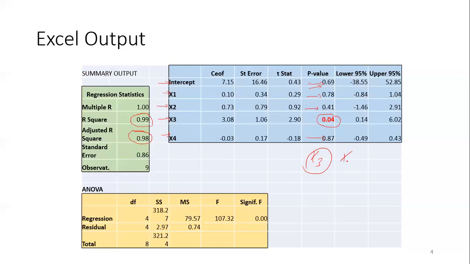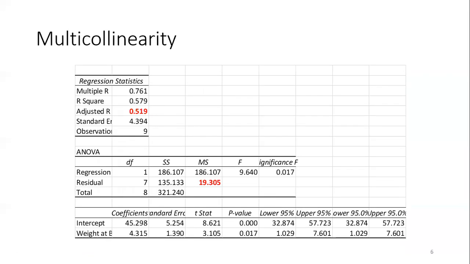So you have beta 0 plus beta 1 x1 plus beta 2 x2 plus beta 4 x4. Adding an x3 to this model has a very significant effect. That's great. So let's run the model with x3 only.